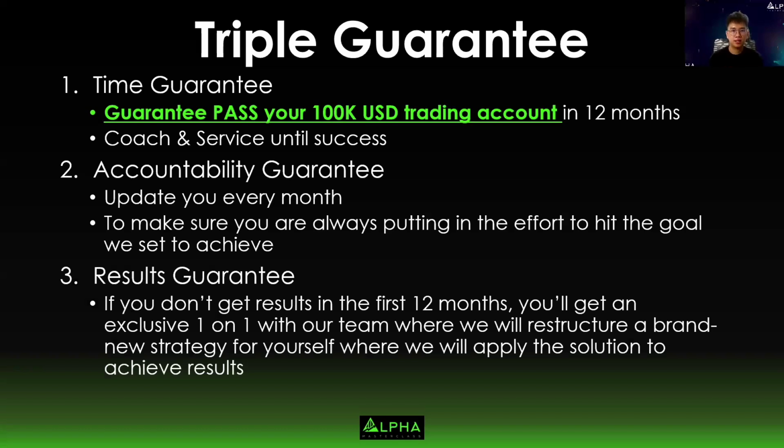Result guarantee: if you don't achieve the result in your first 12 months, you will get an exclusive one-on-one session with my team, or with me as well. We will construct a new strategy for yourself and apply a new solution to achieve the result.